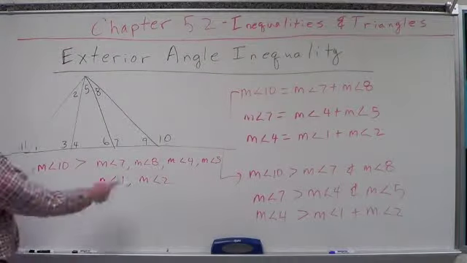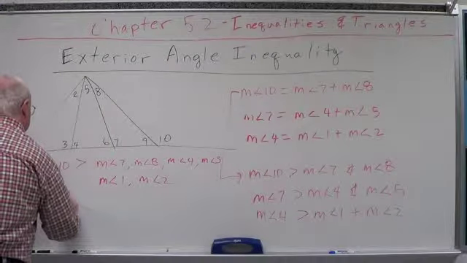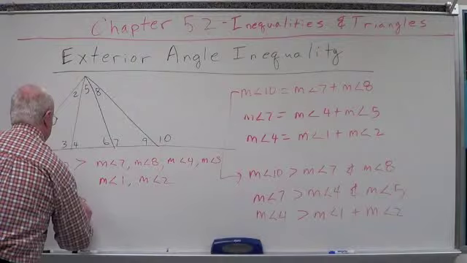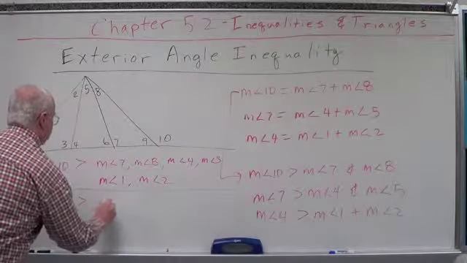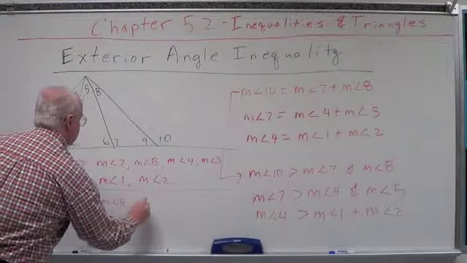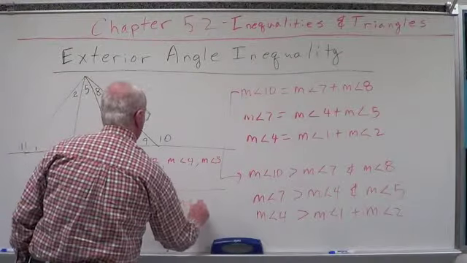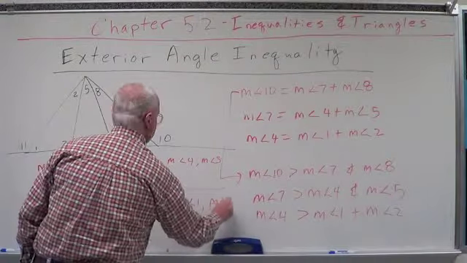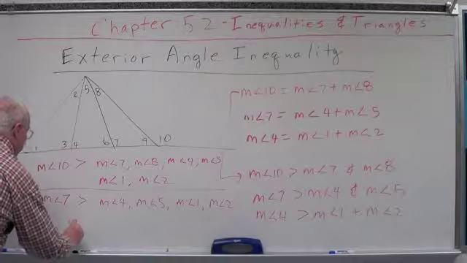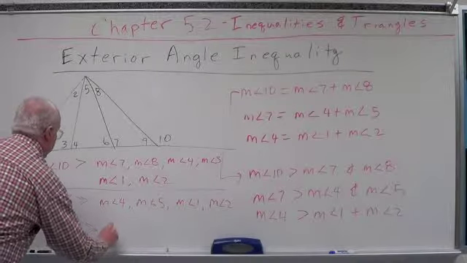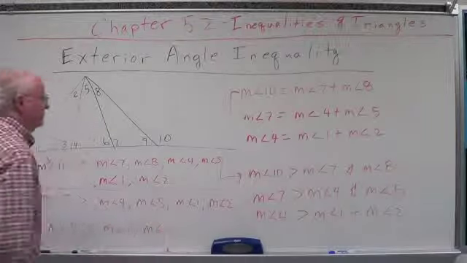The measure of angle 7 is greater than the measures of angle 4, angle 5, angle 1, and angle 2. And the measure of angle 4 is greater than the measures of angle 1 and angle 2.